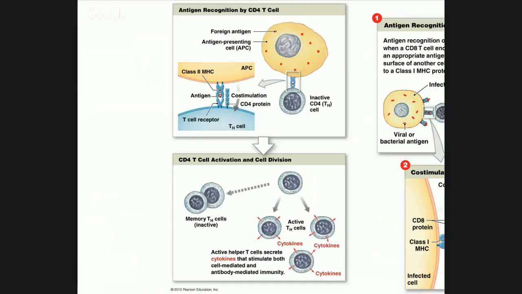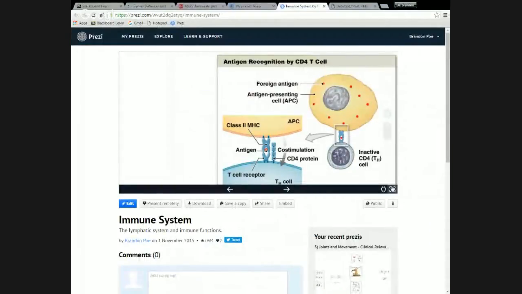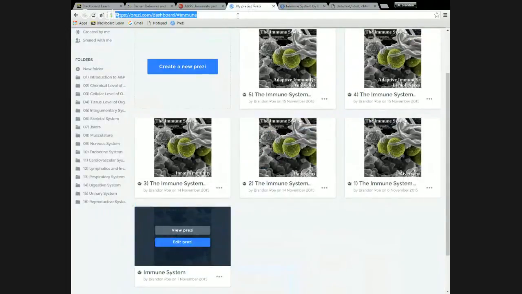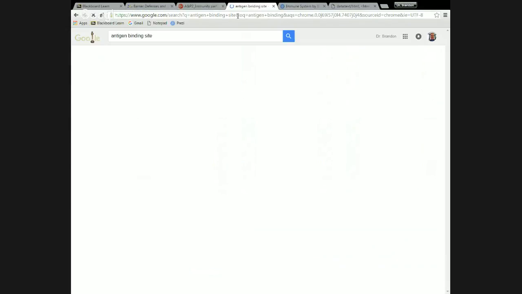molecules. Let me get out of the presentation for a second just to talk about what this is. And the easiest way to do that, I'm just going to do an image search for antigen binding site.